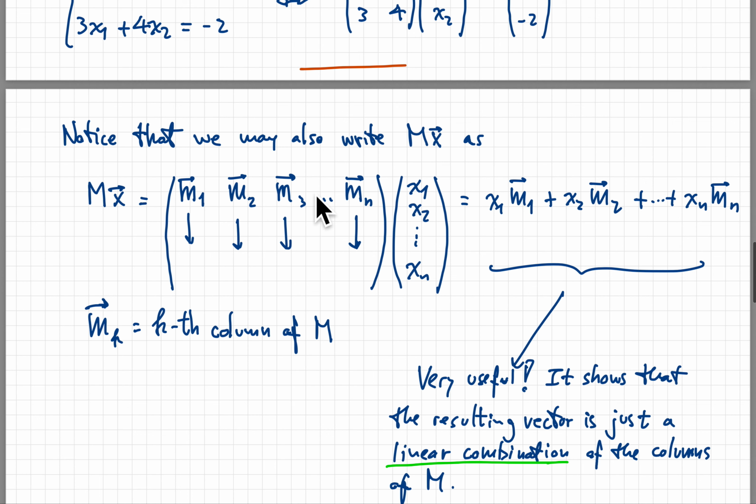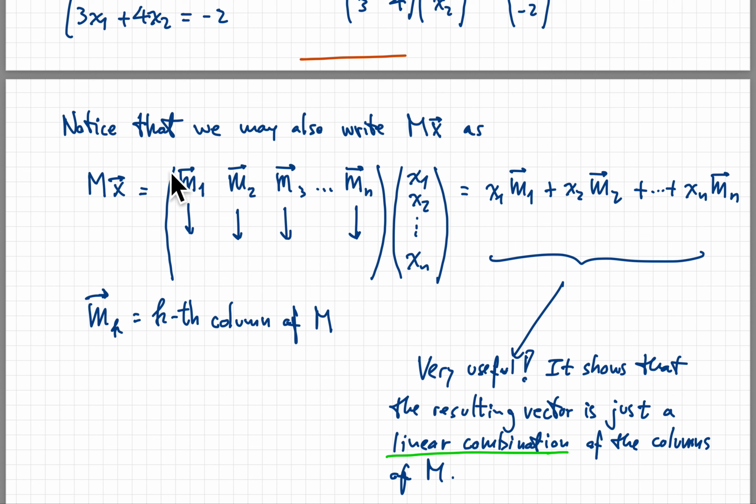And so you can convince yourself that taking the product of a matrix by a vector and thinking of the matrix in this way amounts to doing this calculation: taking x1 and multiplying by the first vector, and taking x2 and multiplying by the second vector, and then adding it all together.